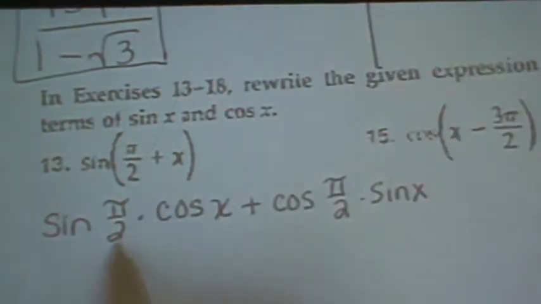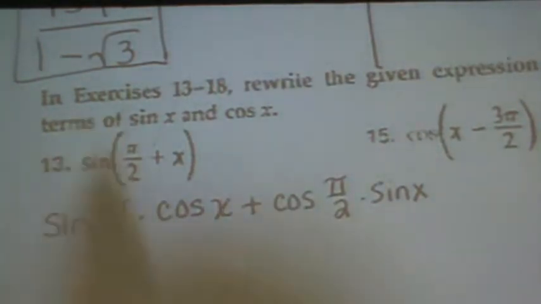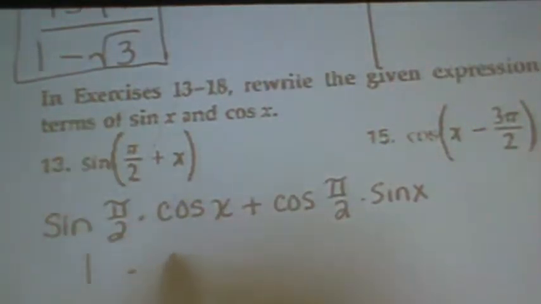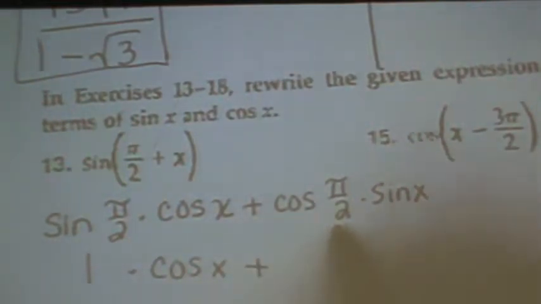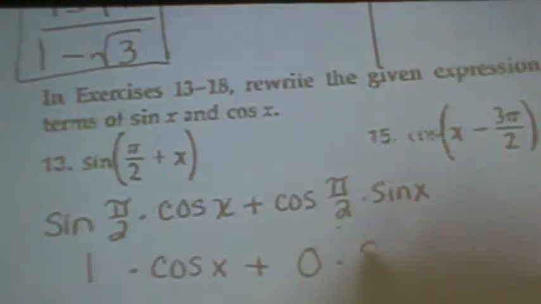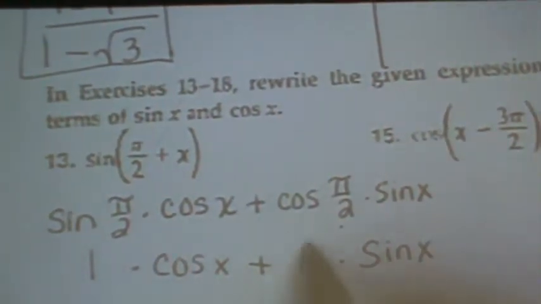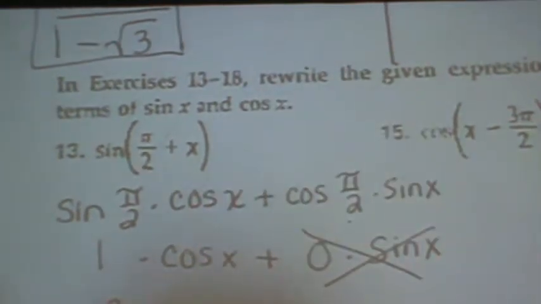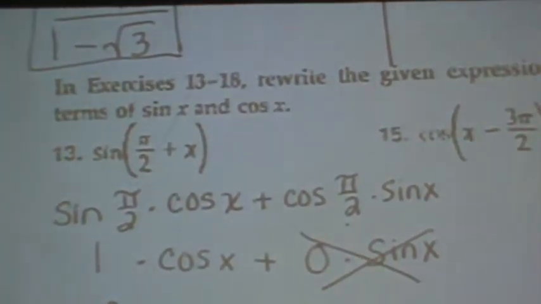Well, we know pi over 2 is a 90-degree angle, and the ratio here is 1, and this is just cosine x. And at pi over 2, this is 0. 0 times anything is 0. So this goes to nothing, so your answer simplifies to be cosine x.